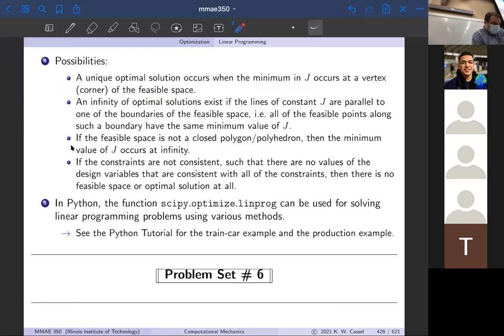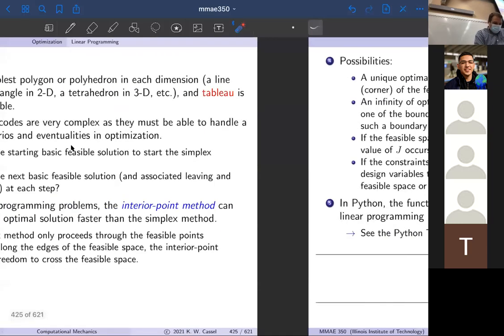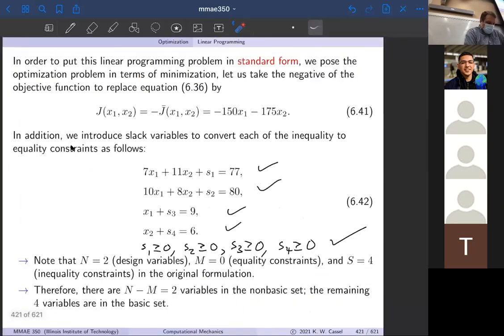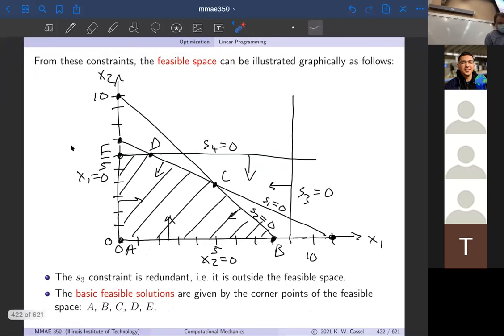However, there are some other possibilities as well. What if you were to draw the lines of constant J, and they were exactly parallel to this line?